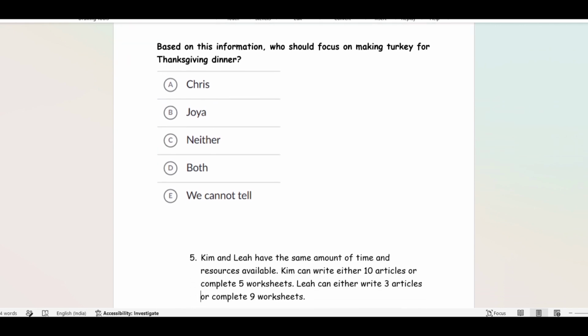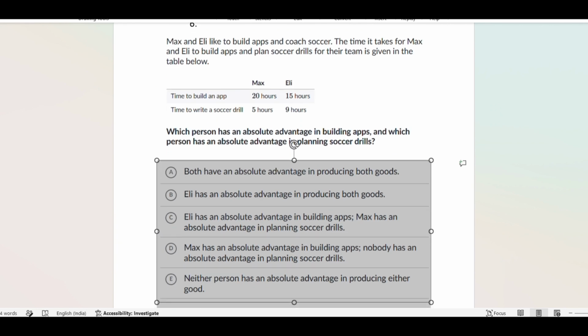This was the same one I had given you. Max and Ellie like to build apps and coach soccer. This is the table matrix given to you. You have to answer which person has an absolute advantage in building apps and which has an absolute advantage in planning soccer drills. That's a very easy one because you just compare the number of hours.